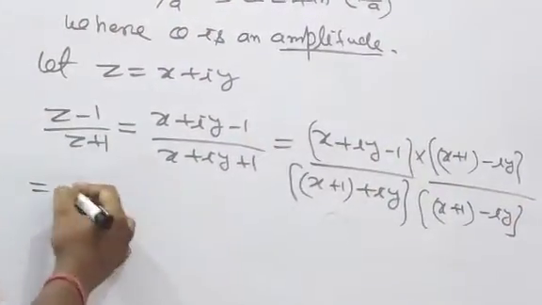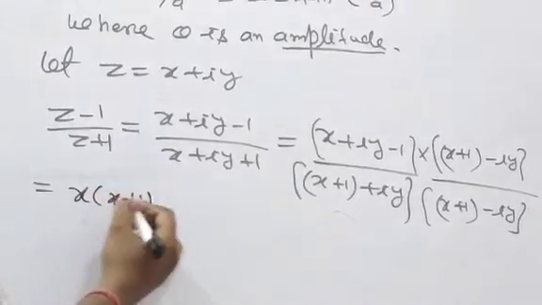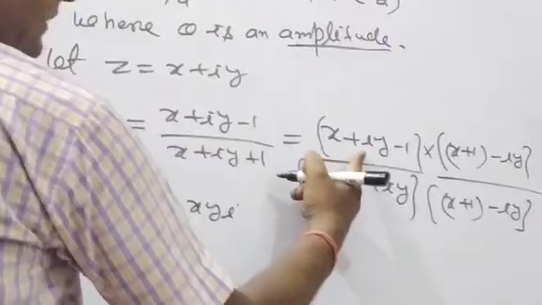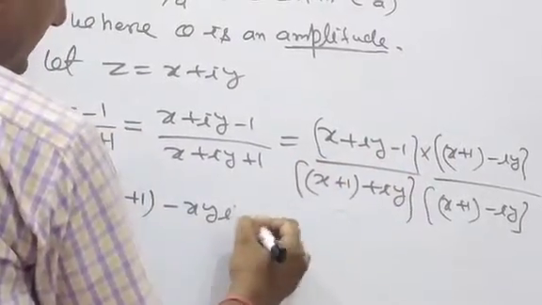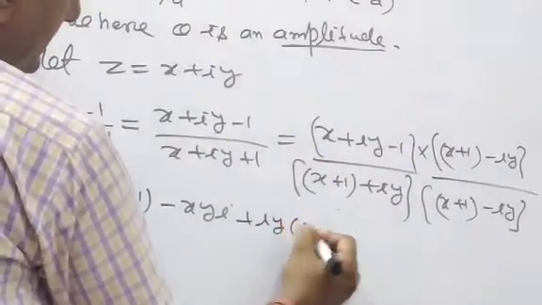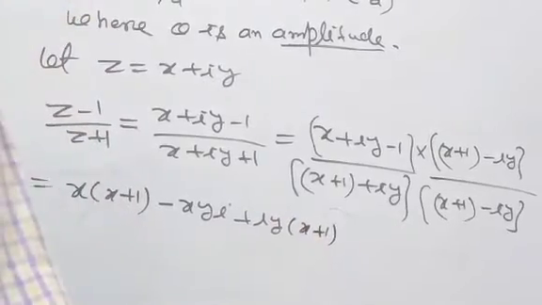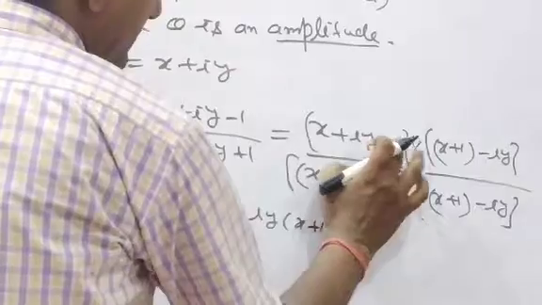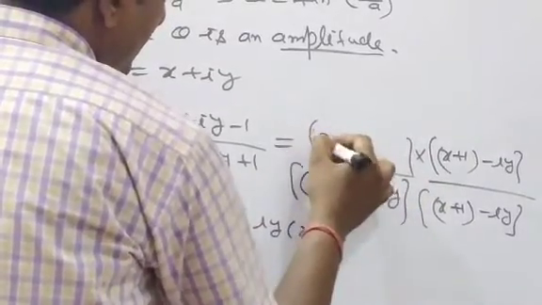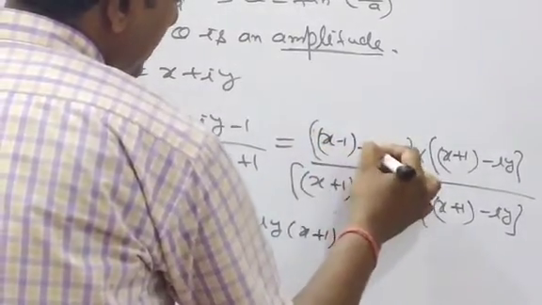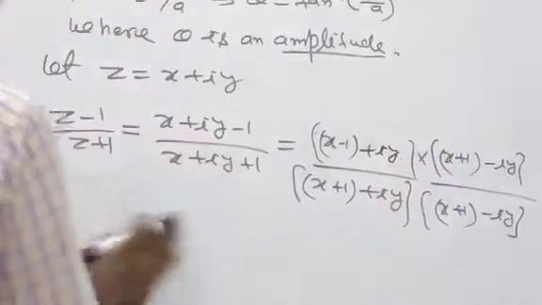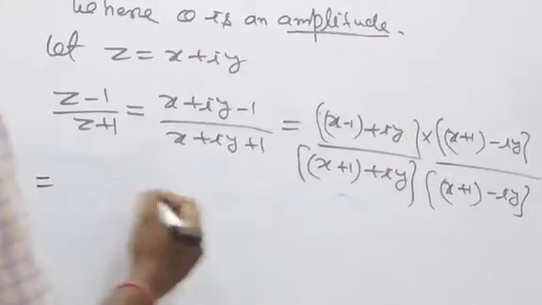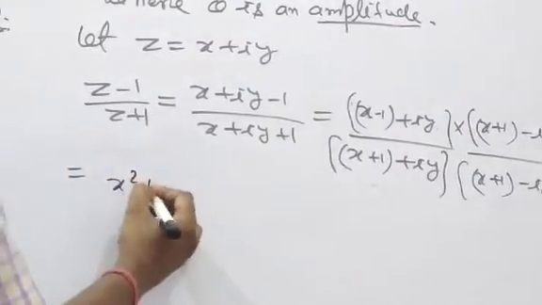X into this, x plus 1, x yi. Now this into this, iy, x plus 1. Very simple. We can write here x minus 1 plus iy, x minus 1 plus iy also. Clear? Now it is simple for you. This into this means x square minus 1.